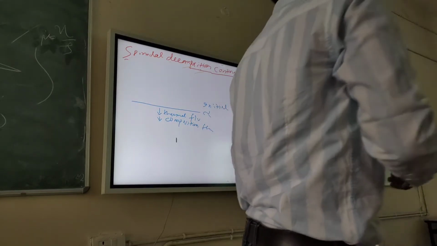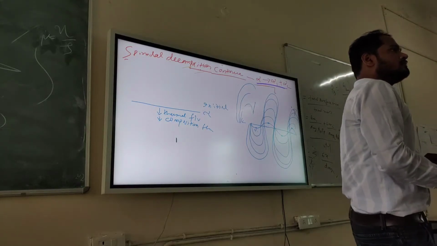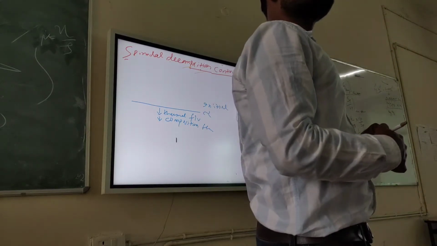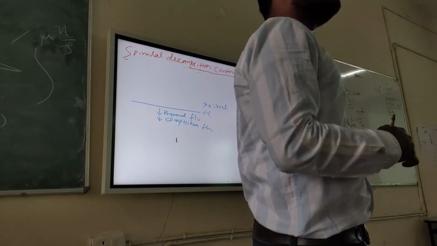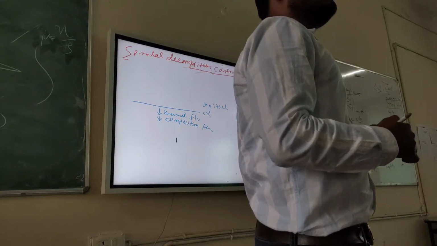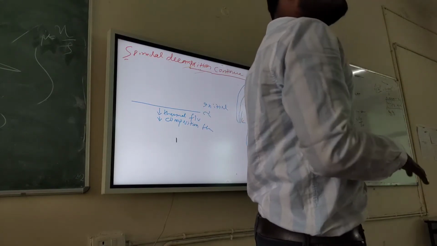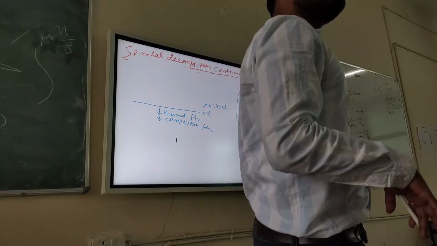And the first one is in between binodal and spinodal. Spinodal and binodal, they are a region where there is a miscibility gap.